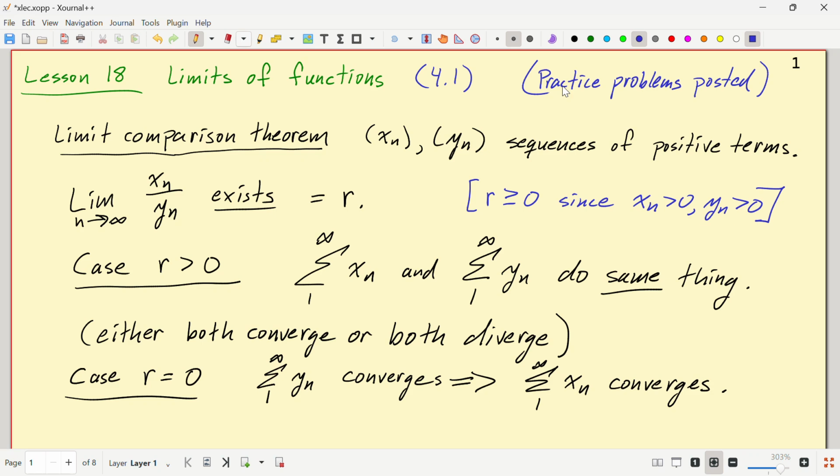That's the intuition. And there's not a reverse of that inequality. Knowing that xn's are really small wouldn't tell me anything about how small y's are in this case. And so it's a one-way implication. So r greater than 0 is the good case. We get both-way implications, but the r equals 0 case is only useful in case you know that the sum of yn converges.